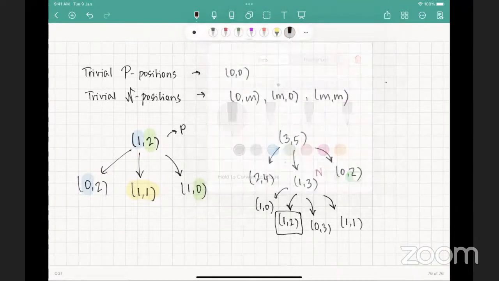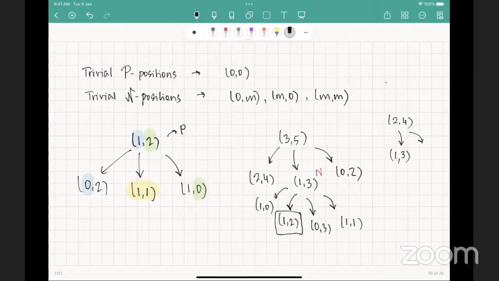Let's zoom in a bit there. Again, I'm going to ignore the ones that are easily N. If you empty out one of the heaps, or if you remove 2 sticks from the second one, all of those cases are N's. The more interesting ones are when you remove 1 from each. So you get 1, 3, which we have already seen to be N.